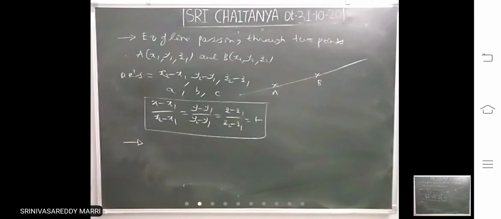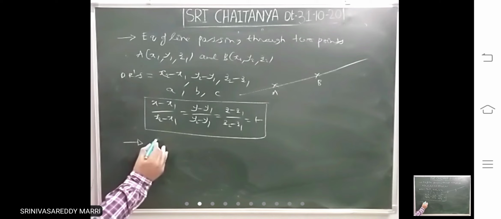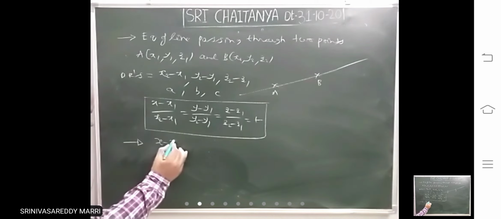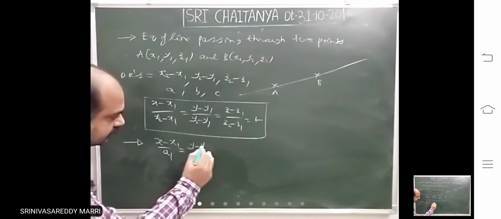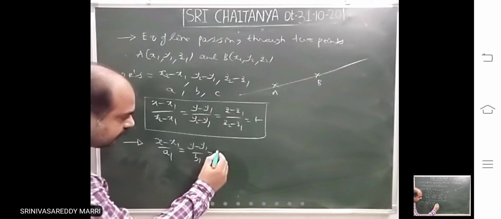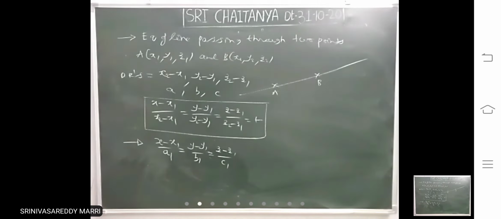Look at the next. Suppose two lines are there. The line is x minus x1 divided by a1 equals y minus y1 divided by b1 equals z minus z1 divided by c1.